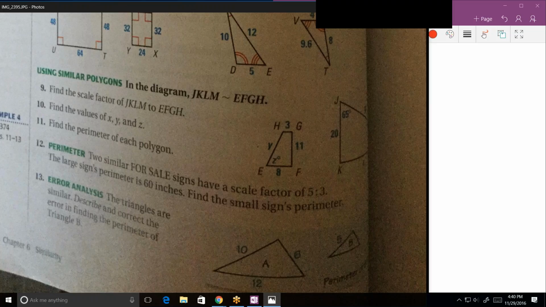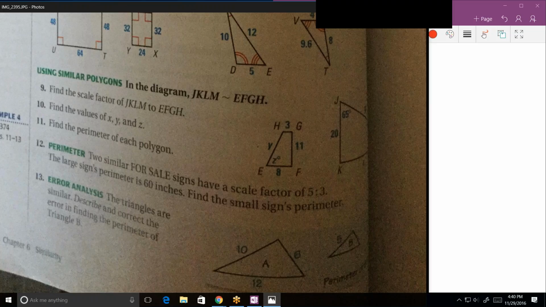Okay. So two similar for-sale signs have a scale factor of 5 to 3. The larger sign's perimeter is 60. Find the small sign's perimeter. 36. Okay.